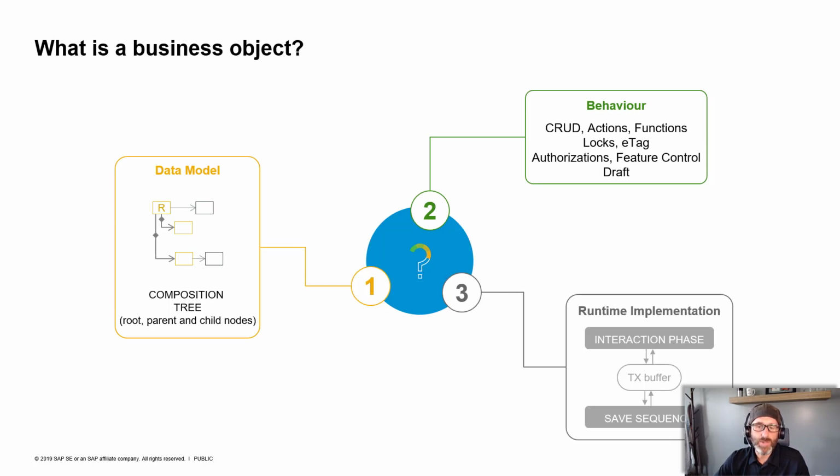And then lastly, the runtime implementation here. From a conceptual point of view, the interaction phase, you write to the transaction buffer and only actually save to the database during the save sequence.